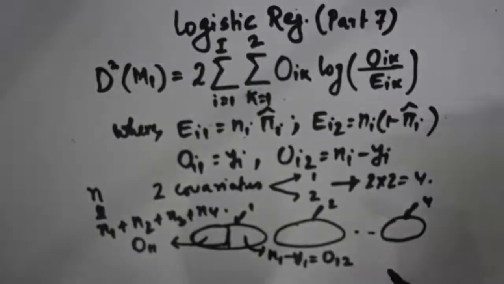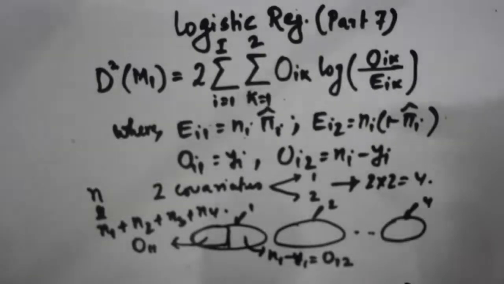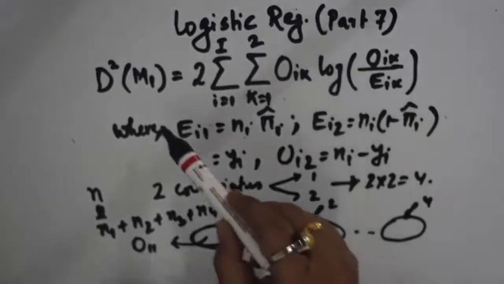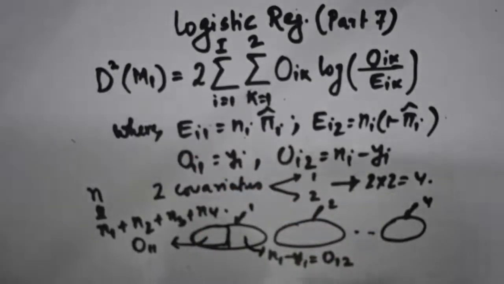Similarly, we define O21, O22, O31, O32, O41, O42 and compute the chi-square M1.